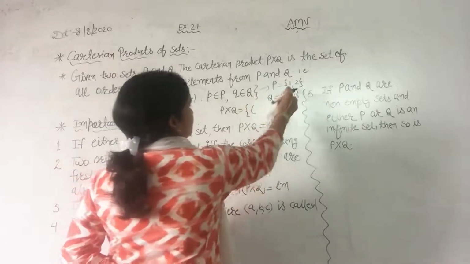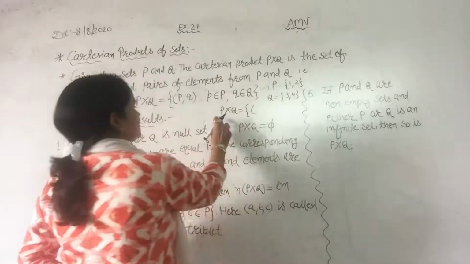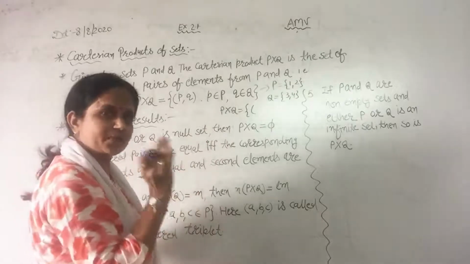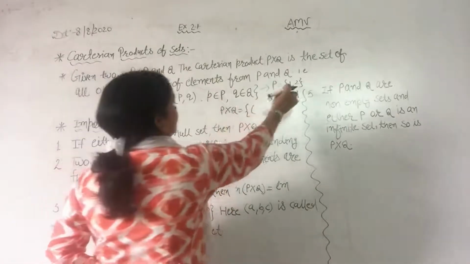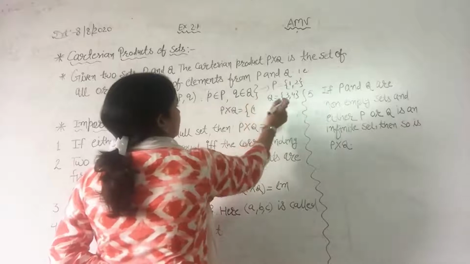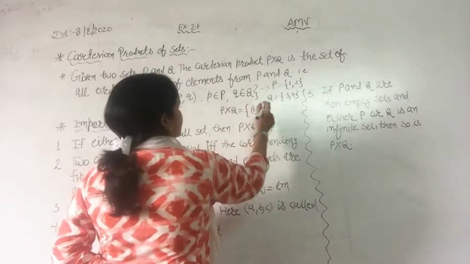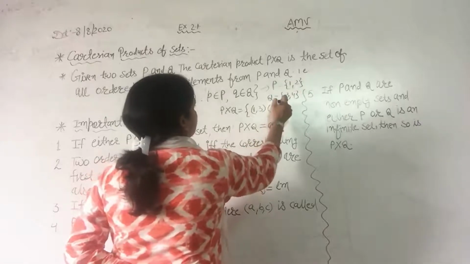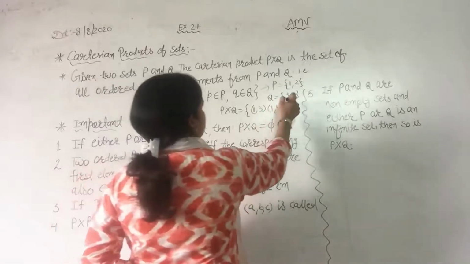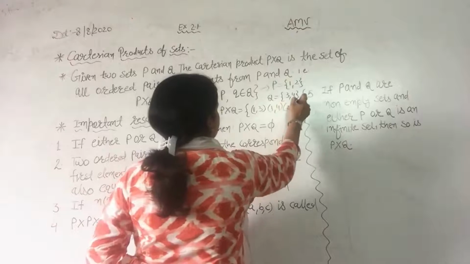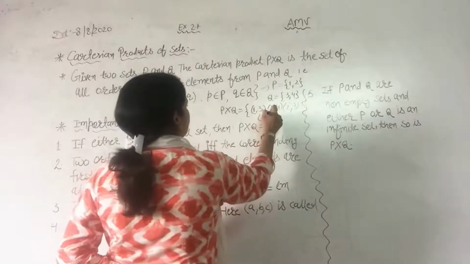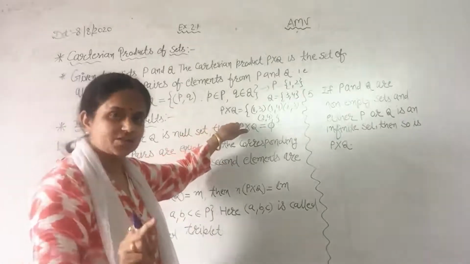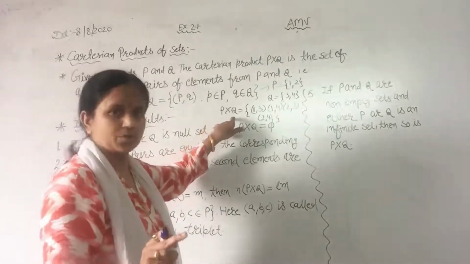Now take the first element from P, which is 1, and from Q the first element is 3. Now again 1 with 4. And now take 2, 3 and here 2, 4. This is the answer. It is known as the Cartesian product of P×Q.